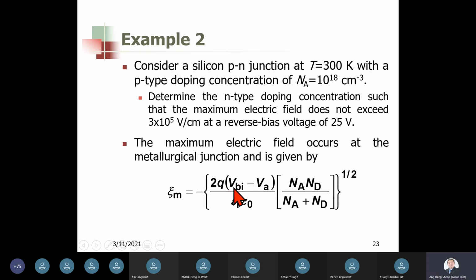So VBI becomes an unknown because ND is not known. Two equations, two unknowns is a bit difficult to solve. Even if you try to use the equation for VBI in this expression for the maximum electric field, you cannot easily solve for ND because VBI has a log dependence on ND. So we need to find a way to simplify the problem such that we can solve it analytically.